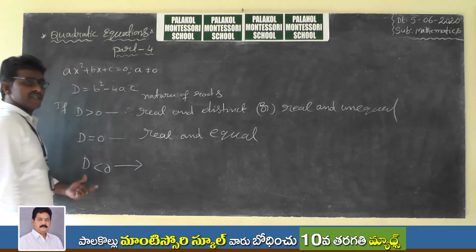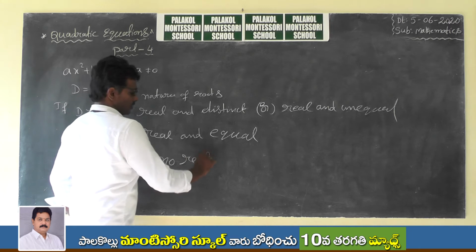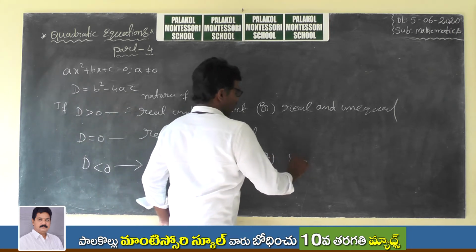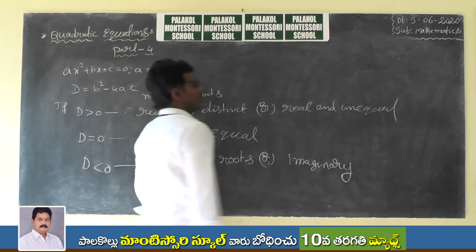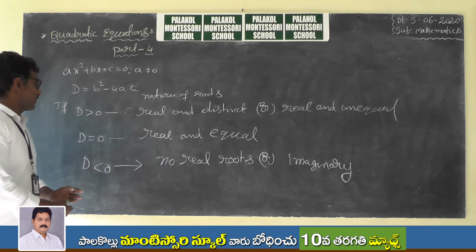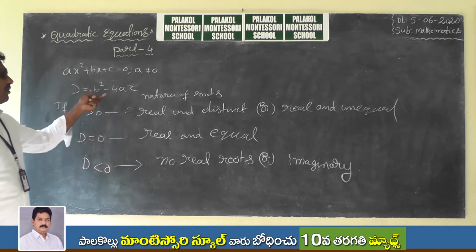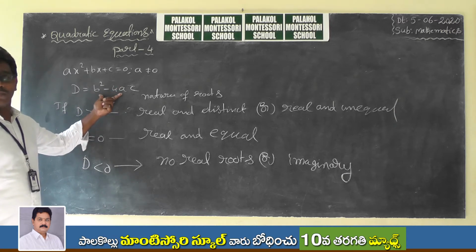If D is less than 0, there are no real roots, or imaginary roots. Guys, see, D means discriminant, and the formula is b square minus 4ac. Use the calculation b square minus 4ac.